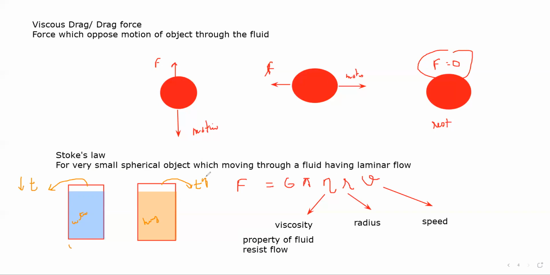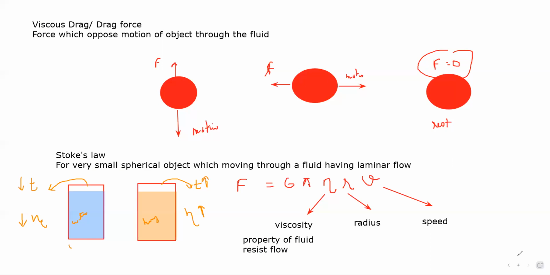So which one is more viscous? Which fluid is resisting the flow, or does not flow easily? Honey has a high viscosity and water has a low viscosity. But viscosity is constant only at a specific temperature.